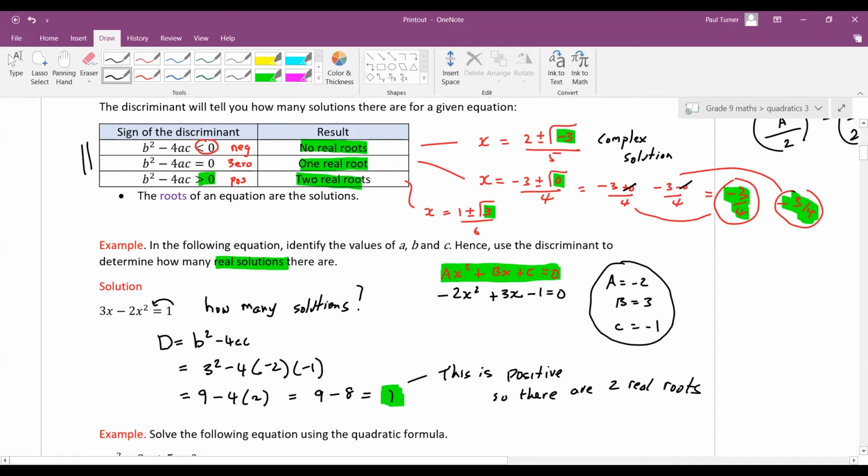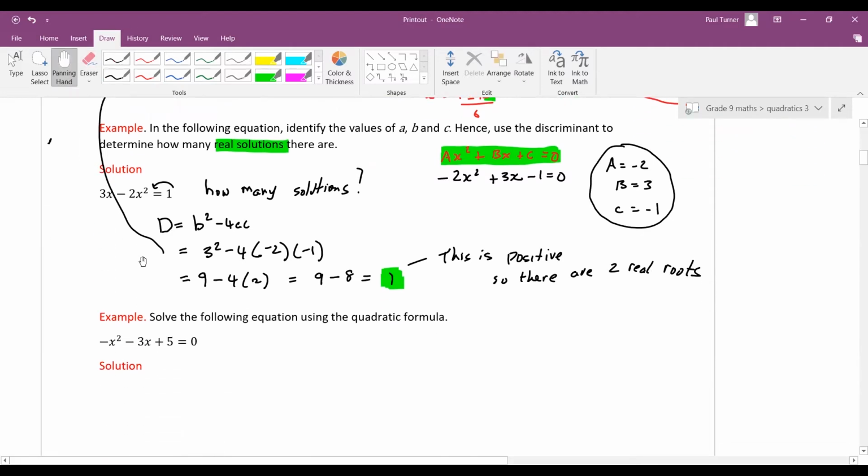So that was this one up here. We found the value is positive, so we know there's going to be 2 answers. If you want to, you can go and solve the equation, but we know there will be 2 answers.